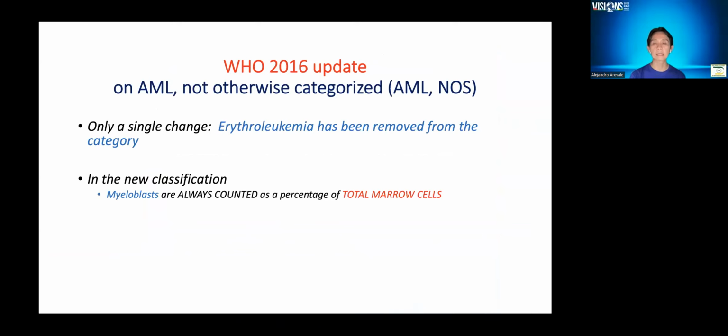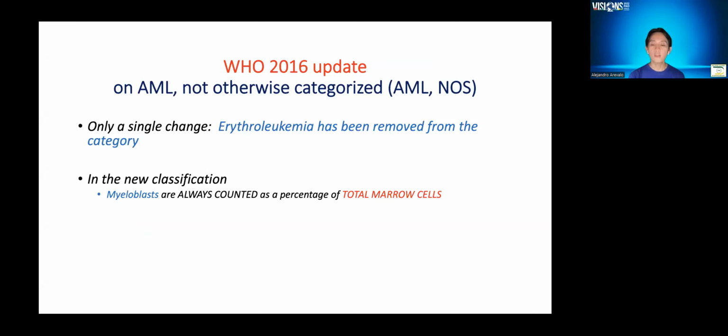Because in the past, we first did a differential count, and if there were more than 50% erythroid progenitor cells, you did another count for the non-erythroid cells. And if there are 20% or more blasts, then you have a diagnosis of erythroleukemia.